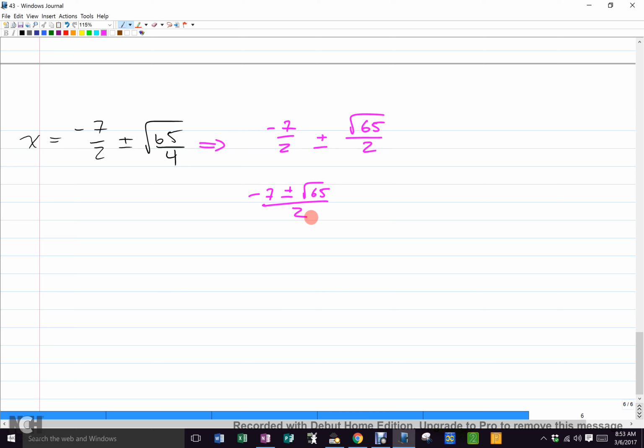Everybody okay with that? Root of 65/4 is root 65 over root 4, right? What's the root of 4? Cool? Everybody's okay with that, yeah?